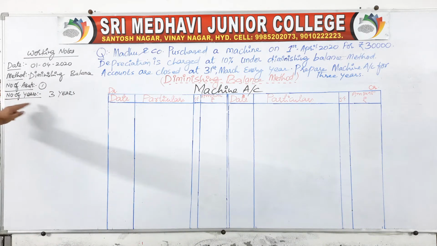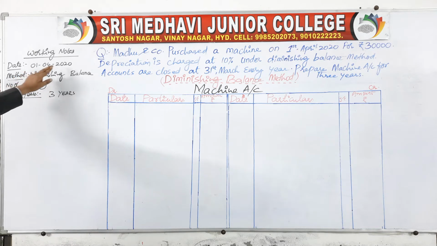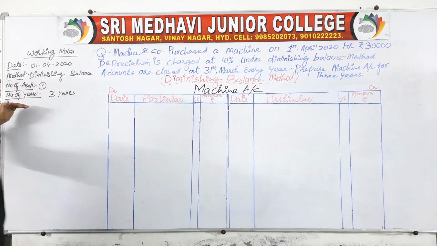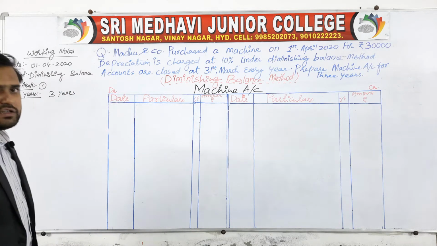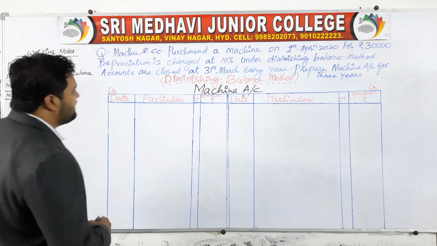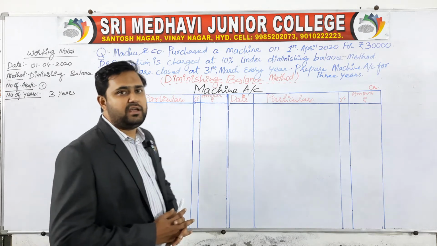How many years are mentioned? 3 years. It has started on 1st April 2020. The method is diminishing balance method. Only one machine is given in the problem, and the number of years is 3. Whenever you buy a machine, what is your journal entry?